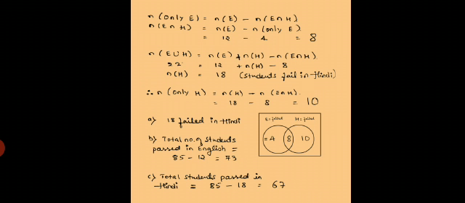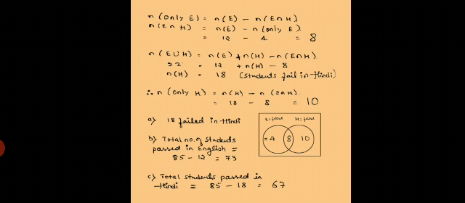Then N of only E is given by the formula N of E minus N of E intersection H. Now to get N of E intersection H, we have the value N of only E, that is 4.